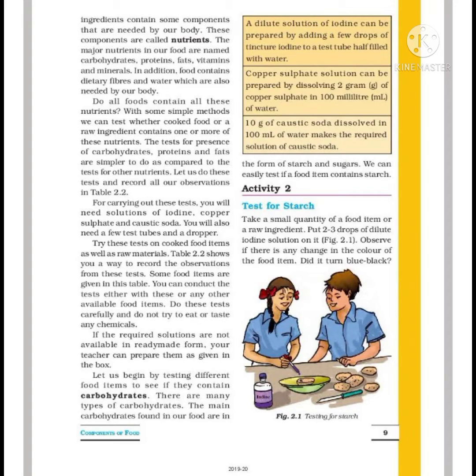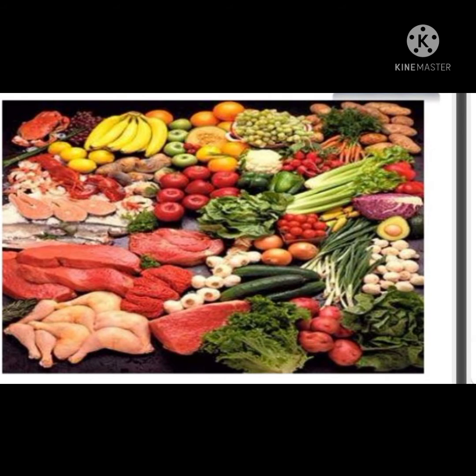When we are observing and studying the food items of different parts of the country, we can see that all these food items contain at least one or two ingredients in common. That means some of the ingredients or food items are rich in a special kind of nutrients.